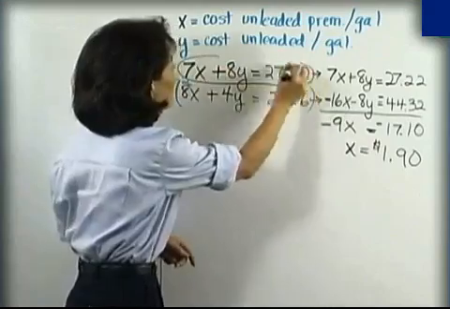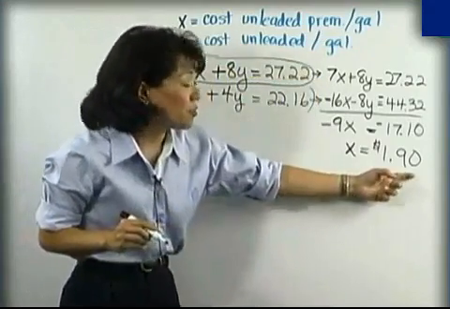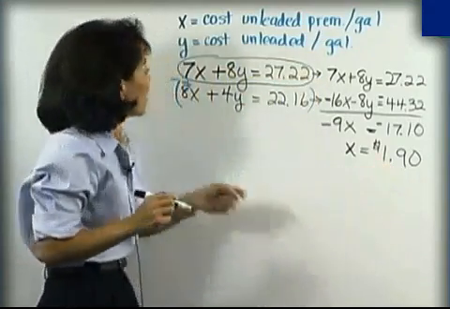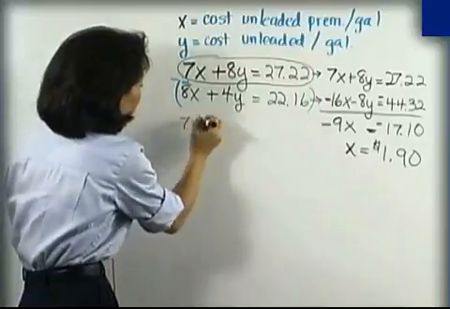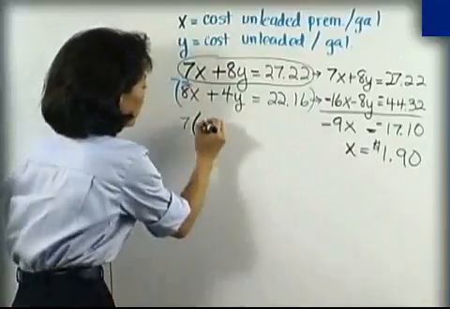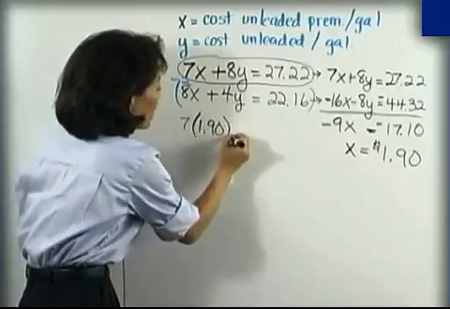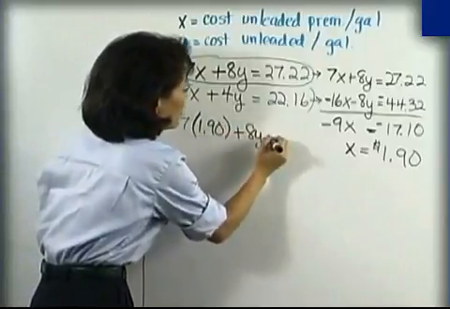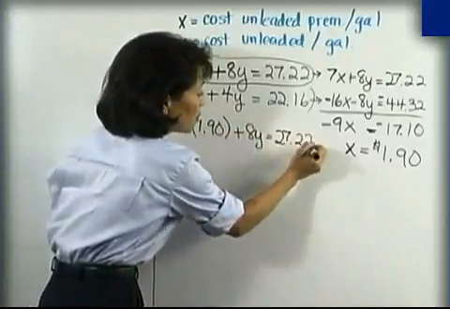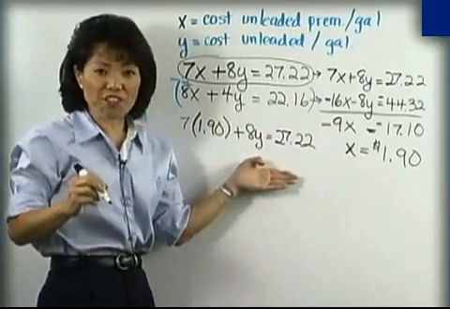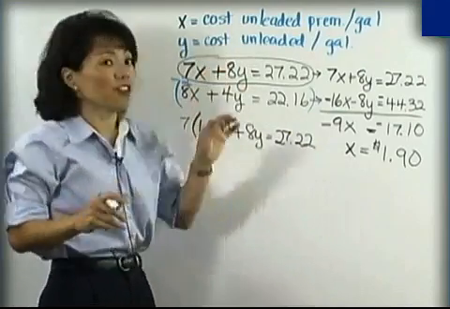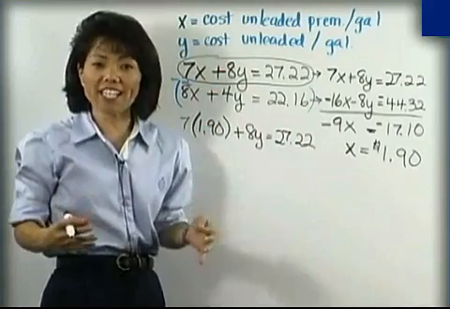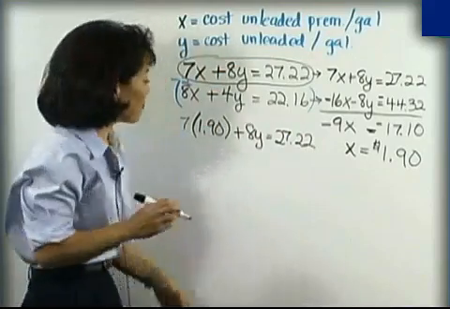I'm just going to take this top equation and substitute x equals $1.90. So I'm going to get 7 times $1.90 plus 8y is equal to $27.22. Solving this for y will give me the answer of the cost per gallon of unleaded regular gasoline.